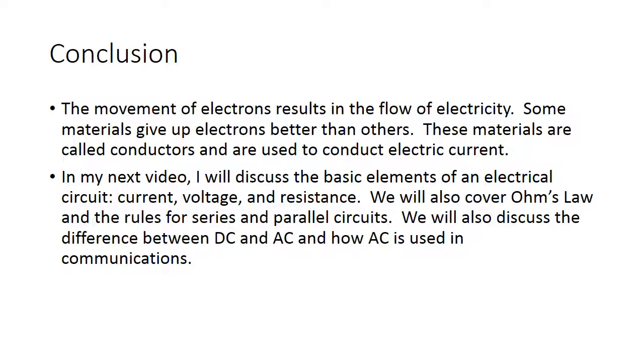With atoms that have just one or two electrons in that outer shell, such as gold, copper, or silver, these materials can easily shed those free electrons, and they make good conductors. On the other hand, materials that have more than four electrons in the outer shell do not easily shed their electrons, and these materials are insulators. And then we also talked about the semiconductors, which have four electrons in their outer shell.